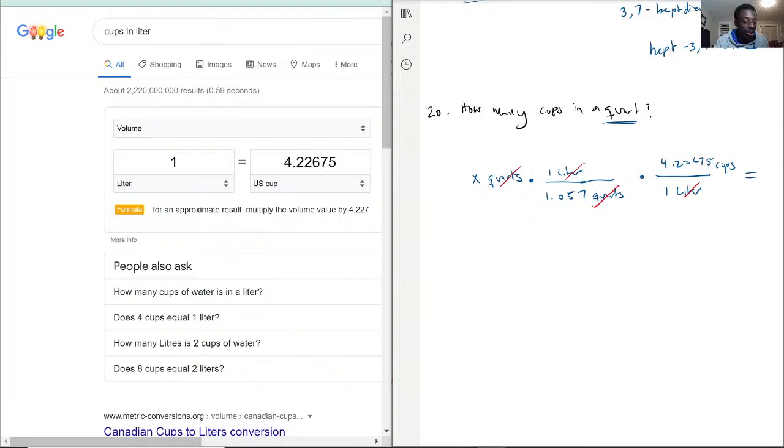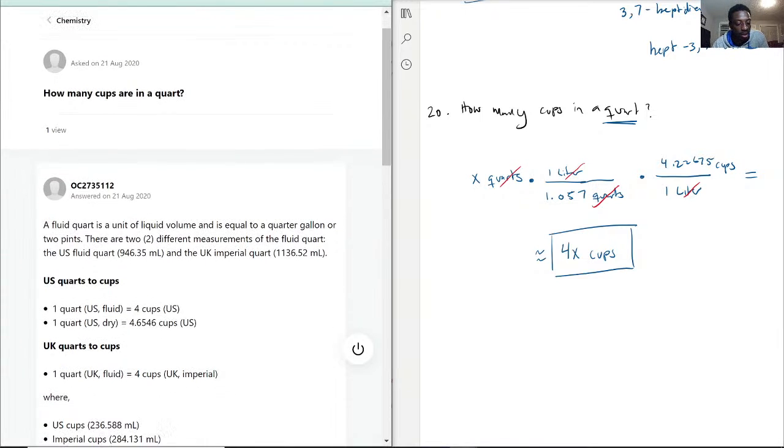And we can round it up, because what we get actually is approximately 4x cups. So for every 1 quart, there should be 4 times that amount for the cups. So if we start out with, like, let's say 7 quarts, we would have 28 cups of whatever liquid. So let's see how we did.